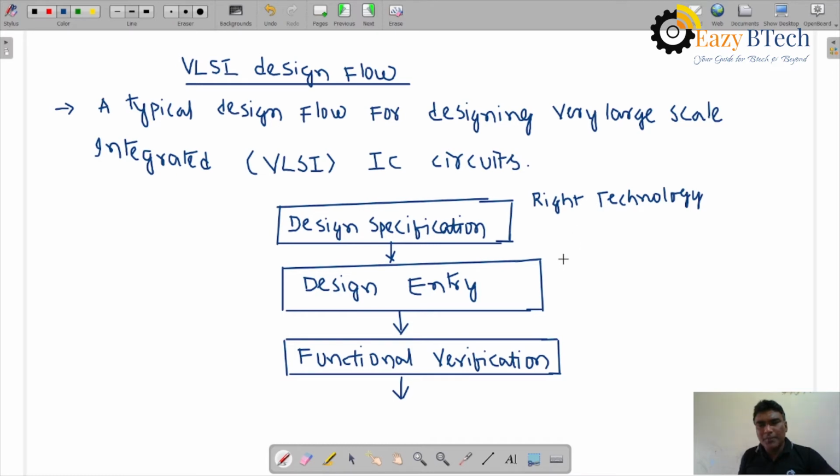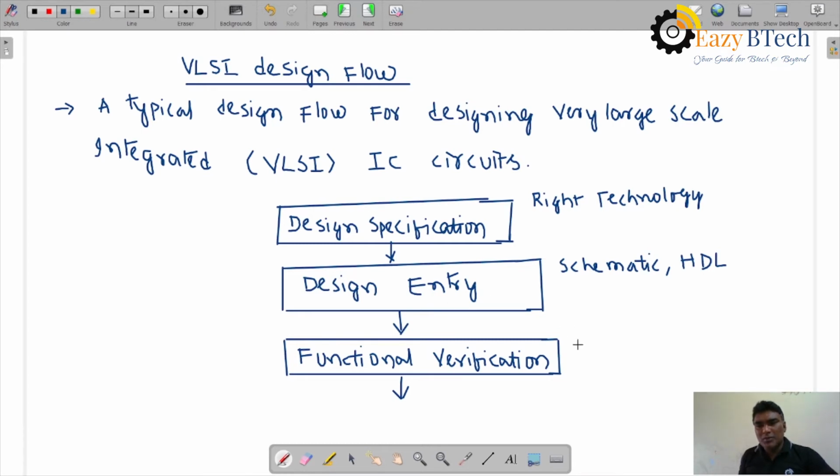One is schematic, and the second one is HDL entry. Schematic entry is a graphical representation. HDL entry is a programming language, text data, with which we can represent the design.